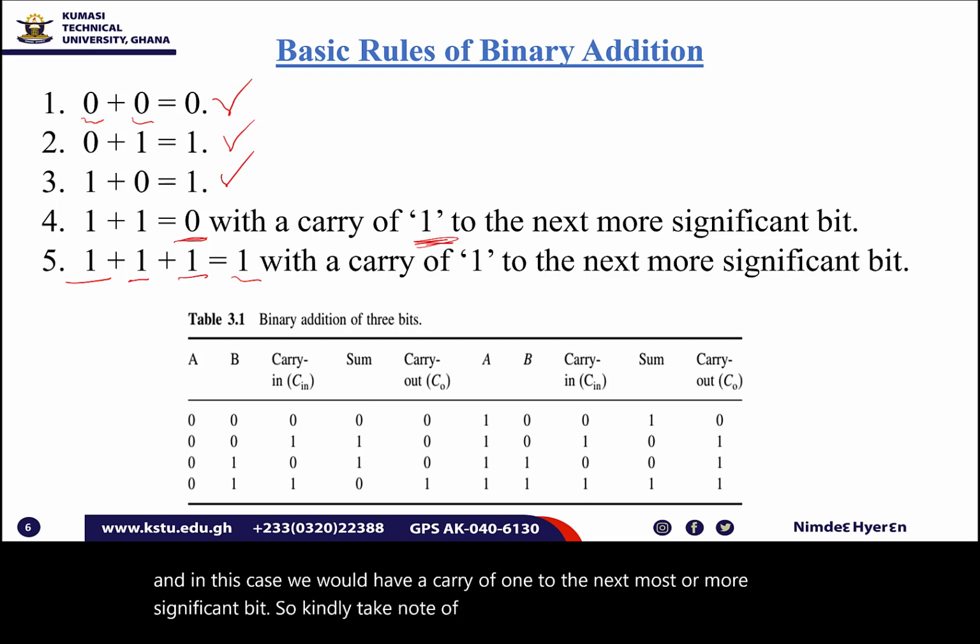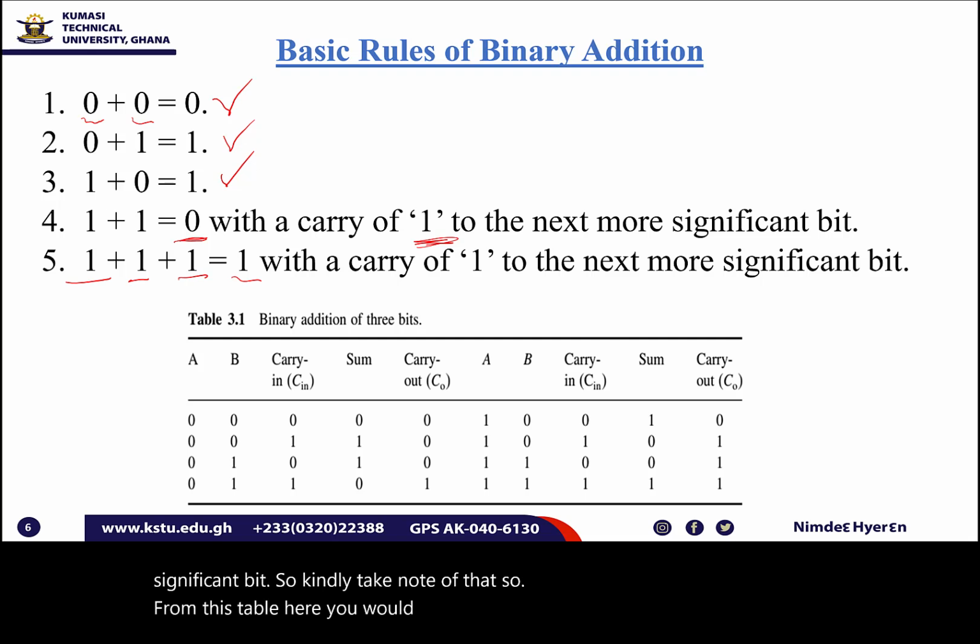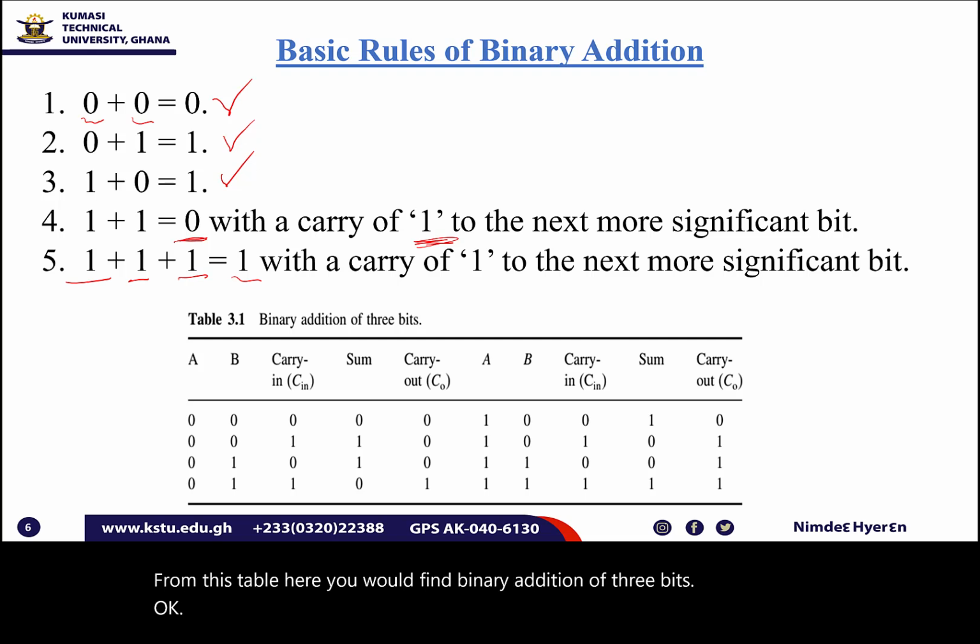So from this table here, you would find binary addition of 3 bits. Okay, that is, we have A, B, and then carry in.